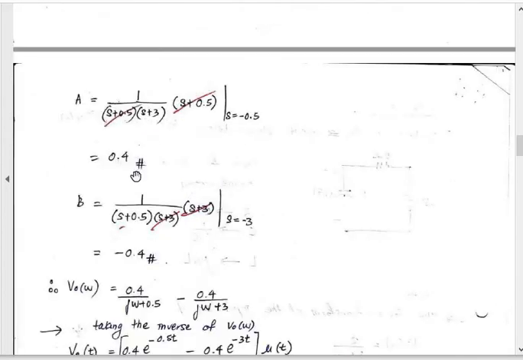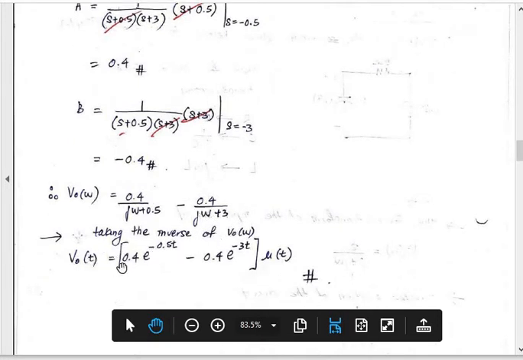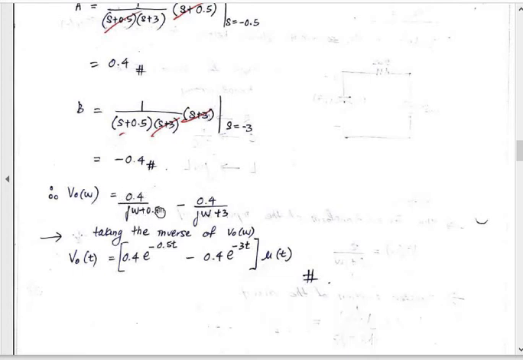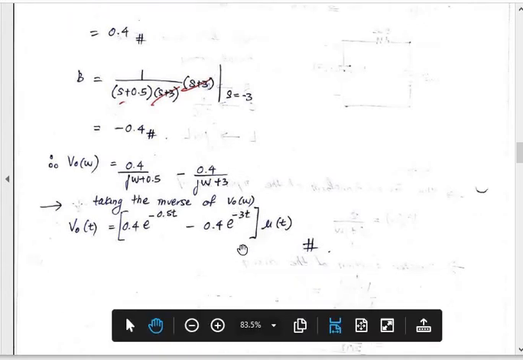I find A is 0.4 and B is negative 0.4, and I substitute in the values of A and B. I get V out as 0.4 divided by j omega plus 0.5 minus 0.4 divided by j omega plus 3. Taking the inverse of V out, this is just a constant. So 1 over j omega plus 0.5, I will get e to the negative 0.5t. Here also the same, I get e to the negative 3t u(t).